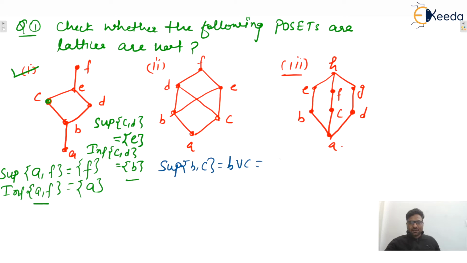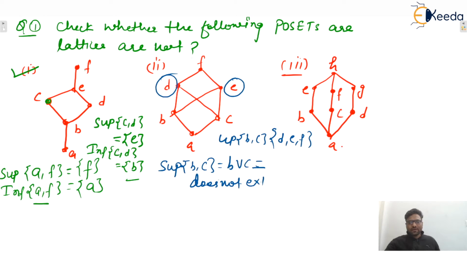Yes, D, E, F, and among these, which one is least? We cannot say because D and E are not comparable. So we can say that the supremum of B, C does not exist. That's why we can say that this one is not a lattice, isn't it?